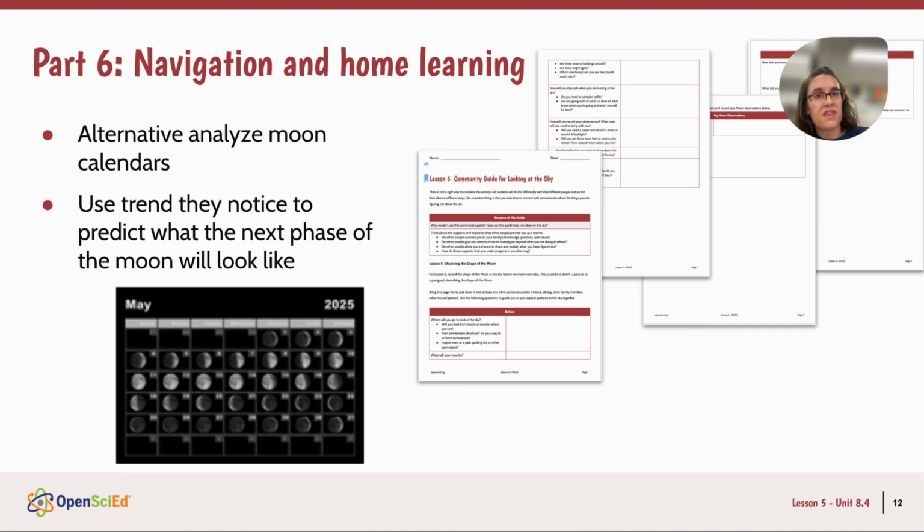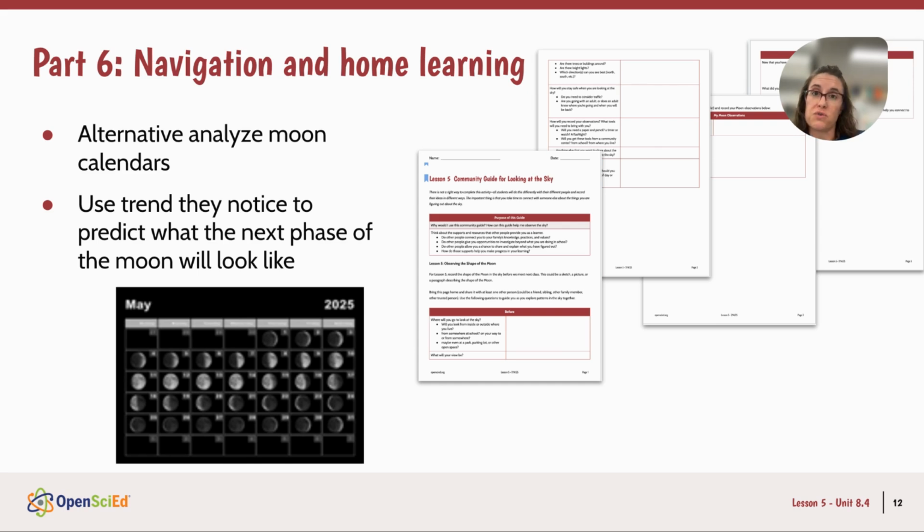So to get them thinking more in terms of patterns and what's happening over time, I had them look at lunar calendars for the months leading up to the current day we were going to be at. And they were using that to help them figure out trends that they noticed in order to predict what the next phase of the moon would look like. I found that they had much richer conversations than if they went and looked outside.